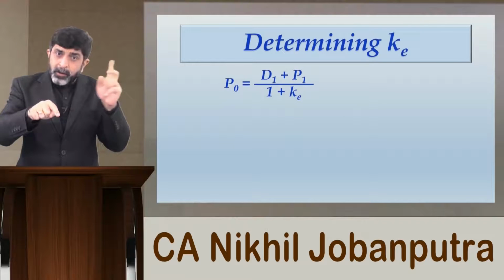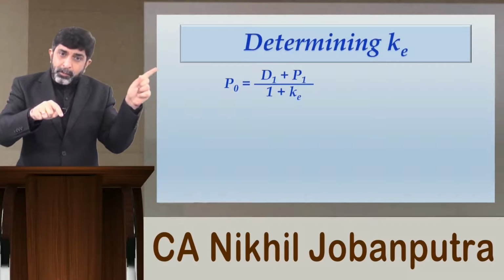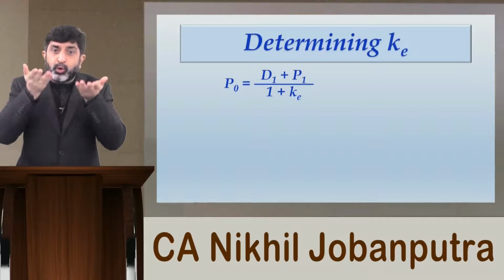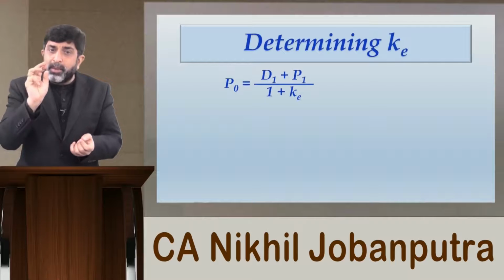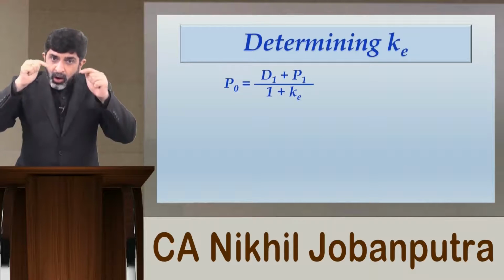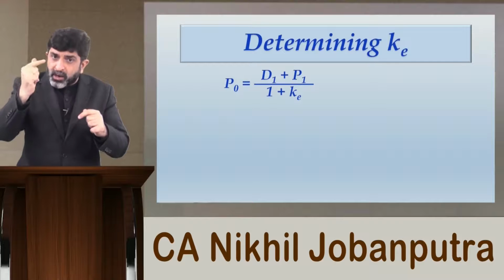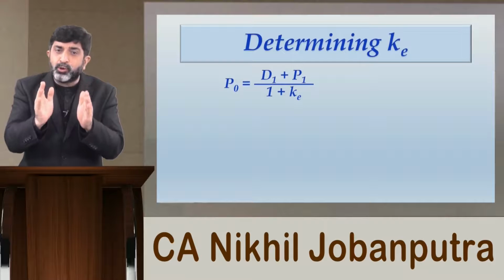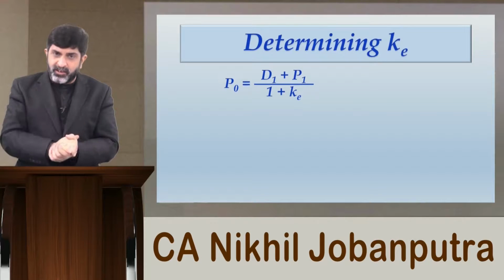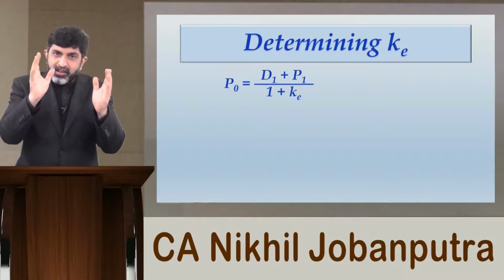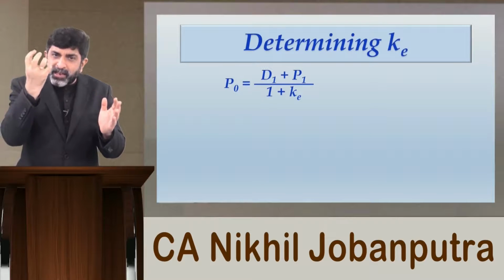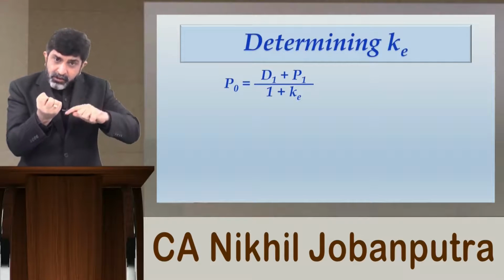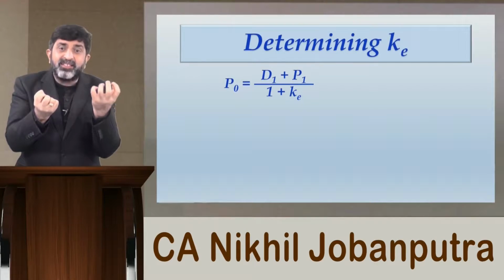On the other side, if the share is priced rupees 200 today and it is expected that after 1 year it would have a price of 230, the share is growing from 200 to 230, the growth is by rupees 30. On the base price of 200, the growth rate will be 30 divided by 200, that would give you 15%. So 25% is the dividend yield rate, and 15% is the growth rate.